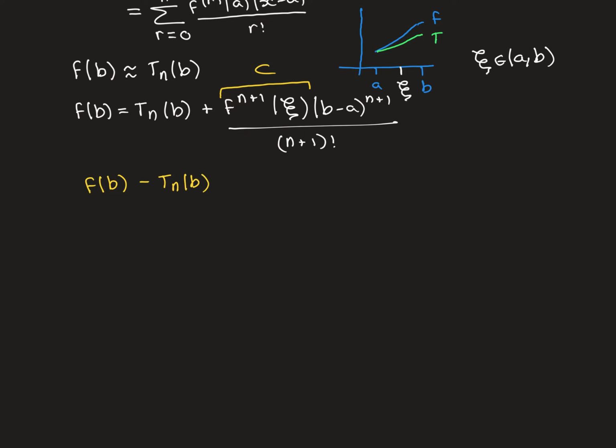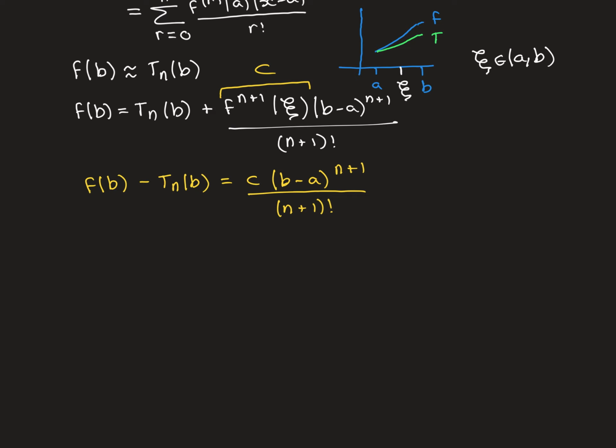It's just the value of the Taylor polynomial at b. So we can subtract Tn of b from both sides, and we'll get that f of b minus Tn of b is equal to c times b minus a to the power of n plus 1 over n plus 1 factorial. Now, these are numbers as well.